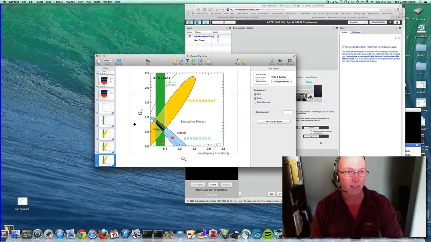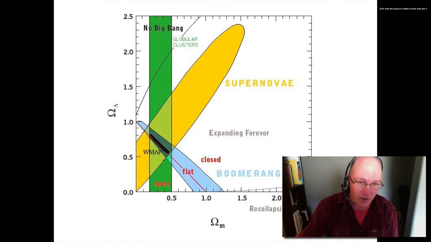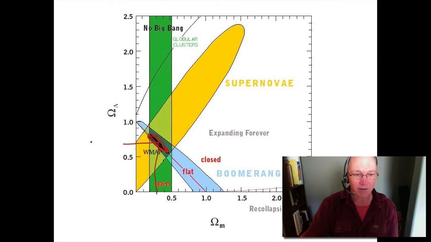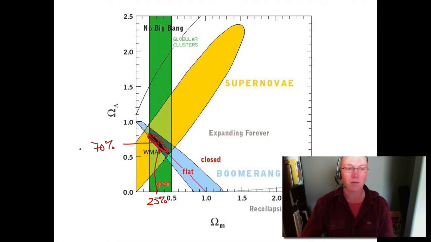What that tells us is that the region that overlaps all of this is the most likely area in this graph for the likely values of dark matter and dark energy. If I look at that, I get something like 70% dark energy, something like 25% dark matter, and then the rest is us, which is 4 to 5%.